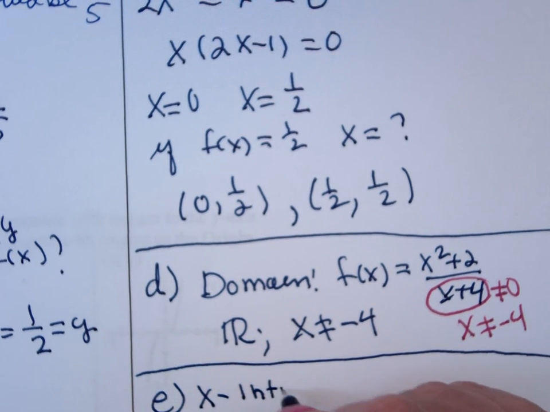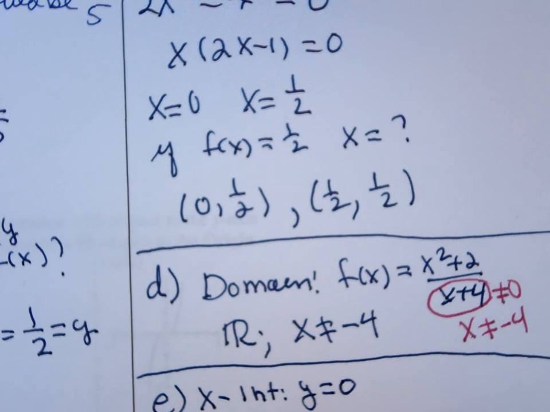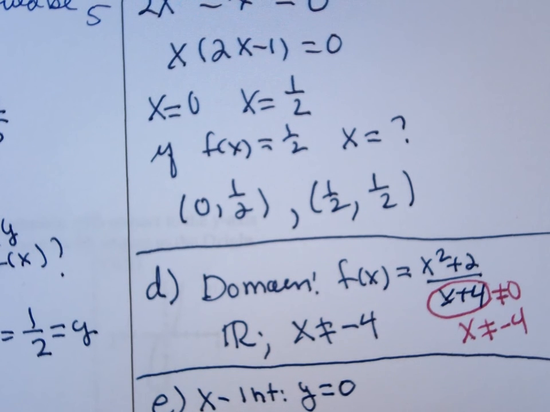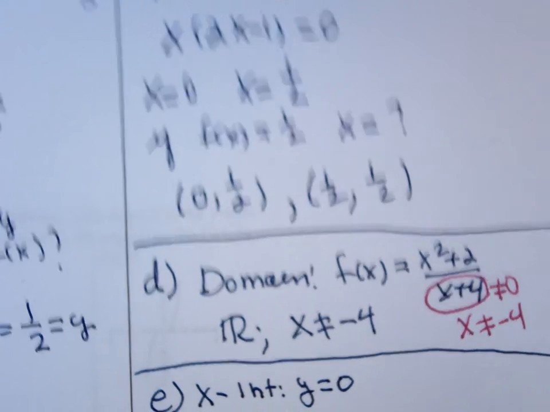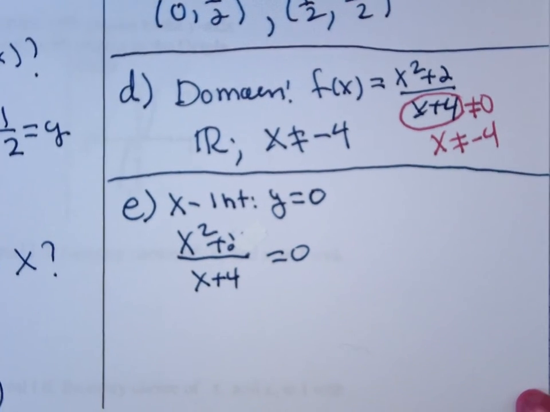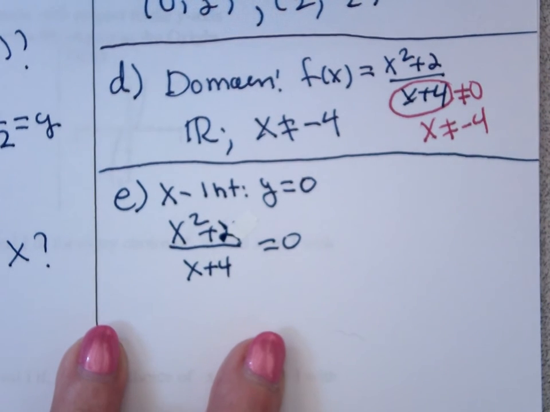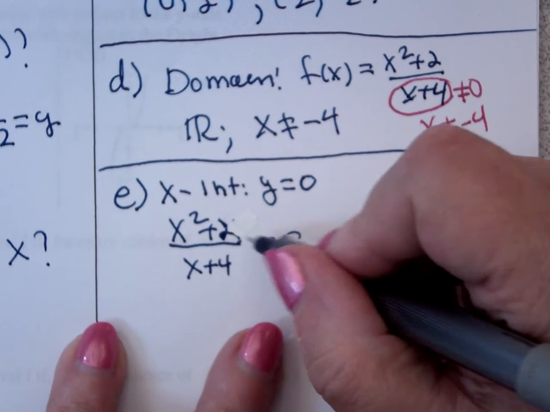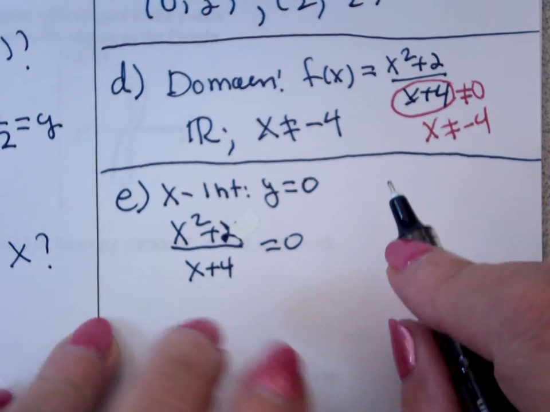X-intercepts means that y is 0, or that x squared plus 2 over x plus 4 equals 0. Now, by the way, the only way that this can be 0 is if the numerator equals 0.